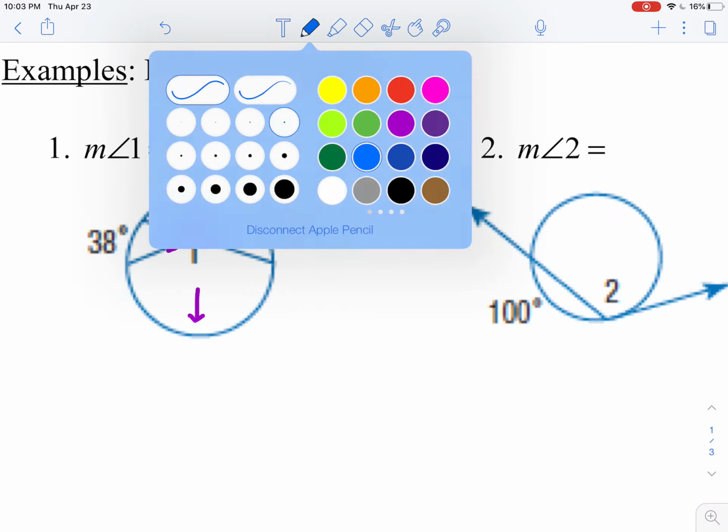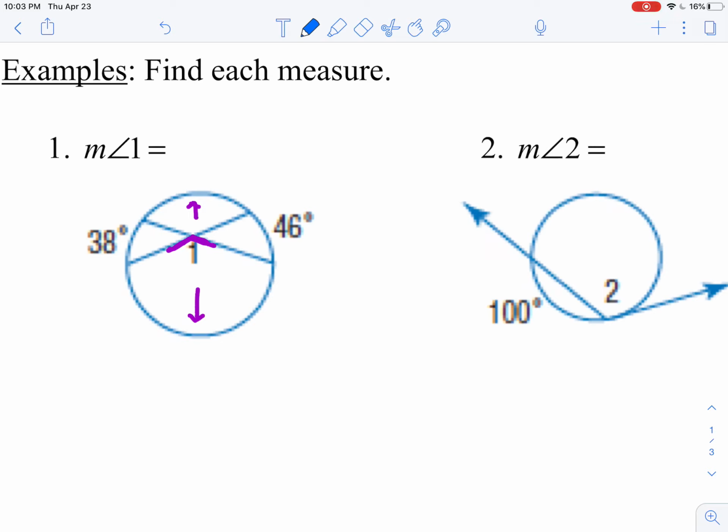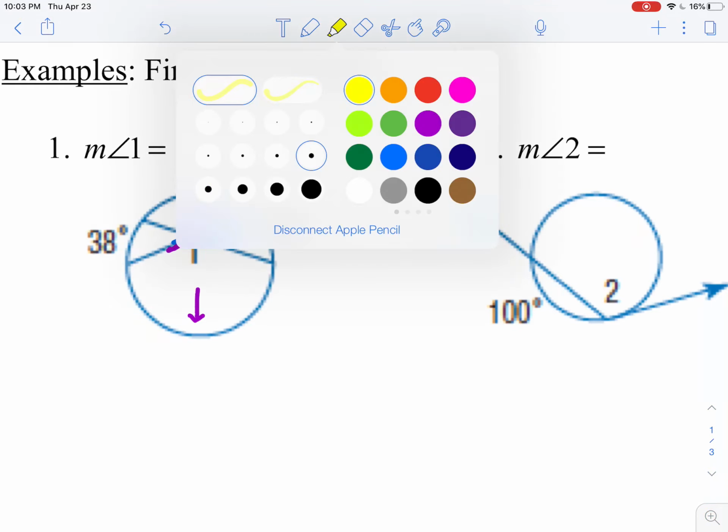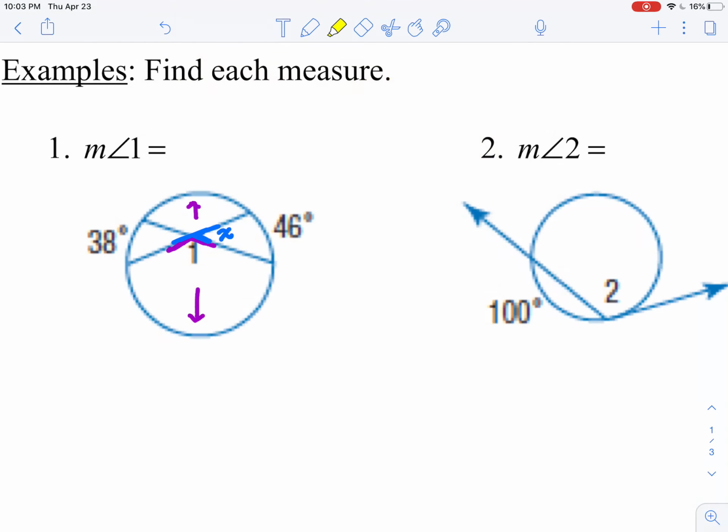So in this question, I'm going to start by finding the angle adjacent to angle 1. I'm going to find its linear pair first. Once I find that angle, then I can get angle 1. So if I want this angle I just labeled as x, its opposite arcs are this 46-degree arc and the 38-degree arc.